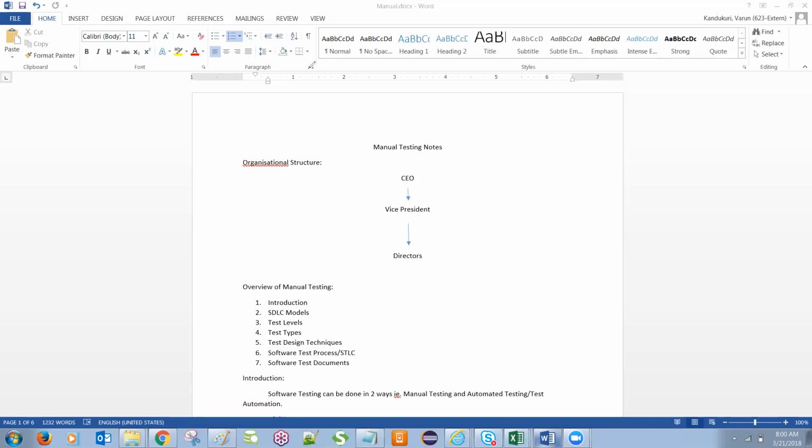You told it has a waterfall model and also an agile model. Yes. Agile is the fastest delivery model, and there is no other model which can be a competitor, because based on the requirement we choose the model.